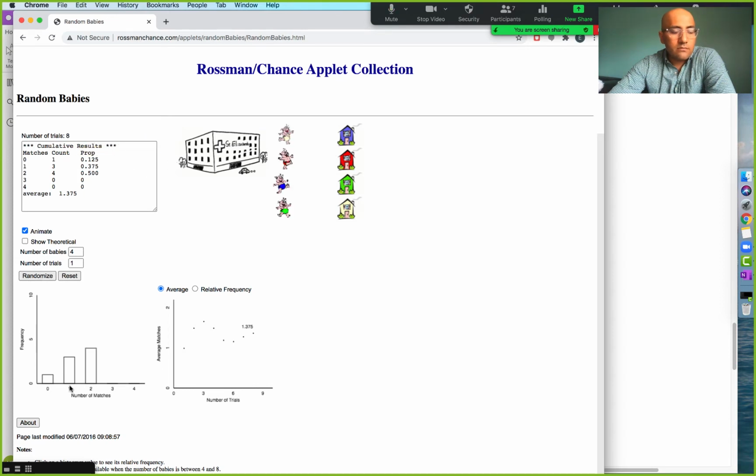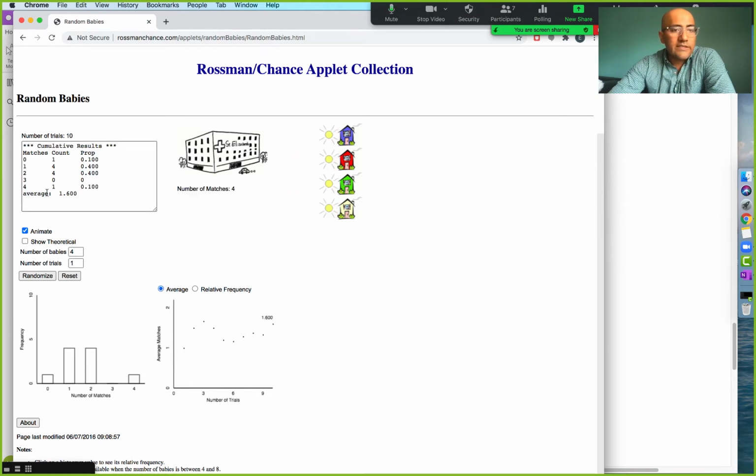Looks like 2 is very common. 2 correct matches, 1 correct match, 2 correct matches. Those are very common. So far, we haven't seen 3 correct matches at all, and we haven't seen 4 correct matches at all. So maybe I'm starting to get a sense that these are more rare, right? The 0 correct matches only happen once as well, so maybe those are also not very common.